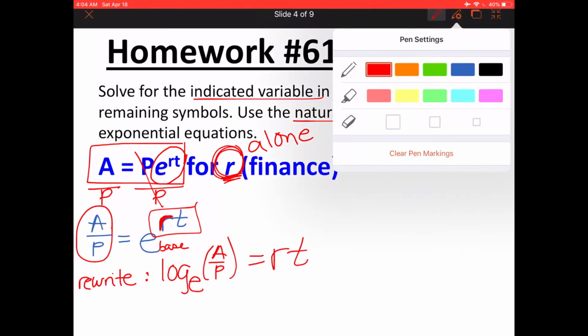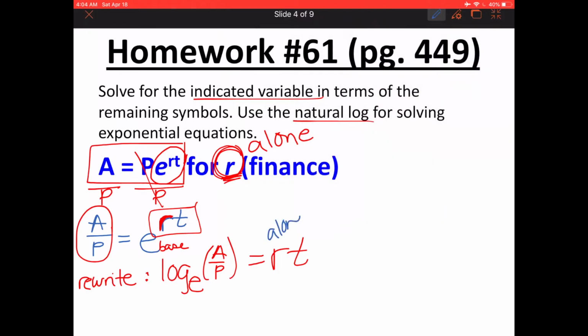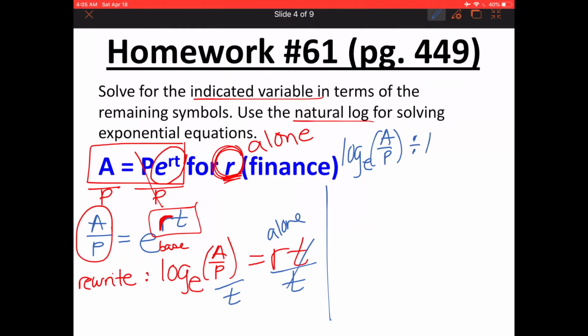So I'm almost done. Okay, guys? If I want to get r alone, I just divide both sides by t. Notice how I'm going to write this. The log base e of A divided by P, divided by t equals r.